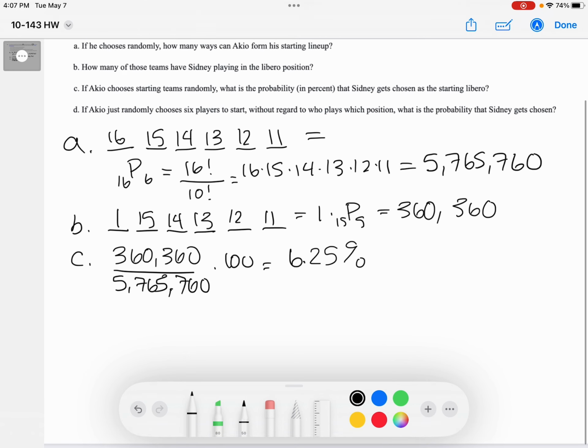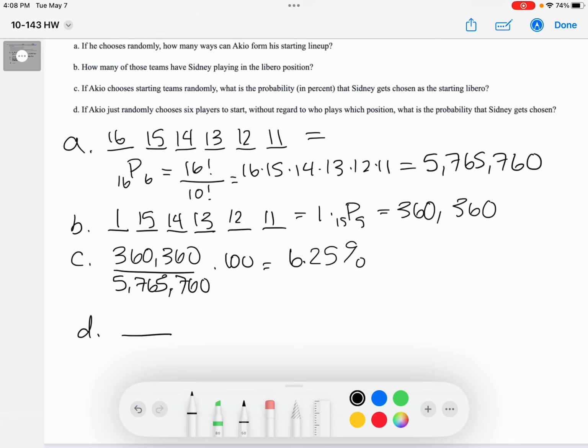Okay, D is a little bit tricky. If Akio just randomly chooses 6 players to start without regard to who plays which position, what is the probability that Sydney gets chosen? Now, does order matter in this case? Now we're saying libero and setter are the same.